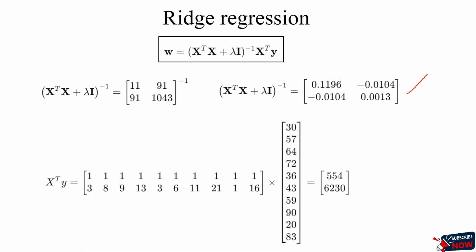After which we have to compute X transpose Y. This is X transpose, and this is going to be Y. Finding the product of the two results in 5546230.